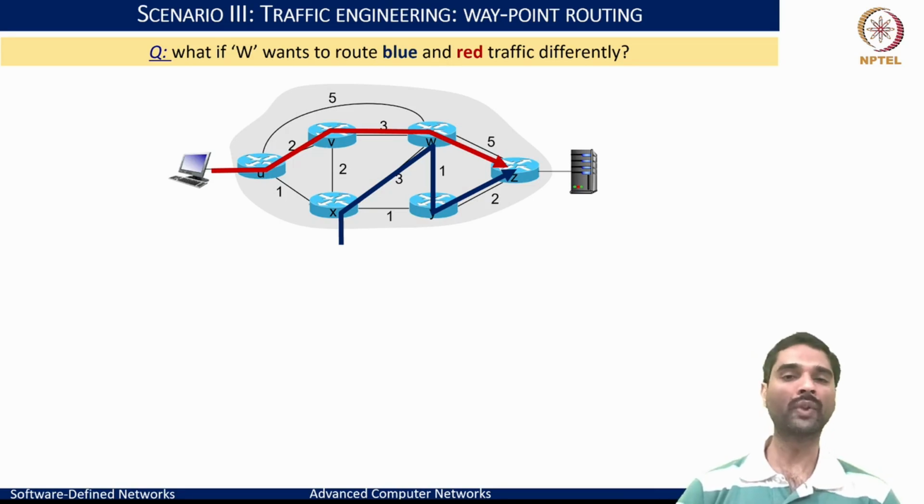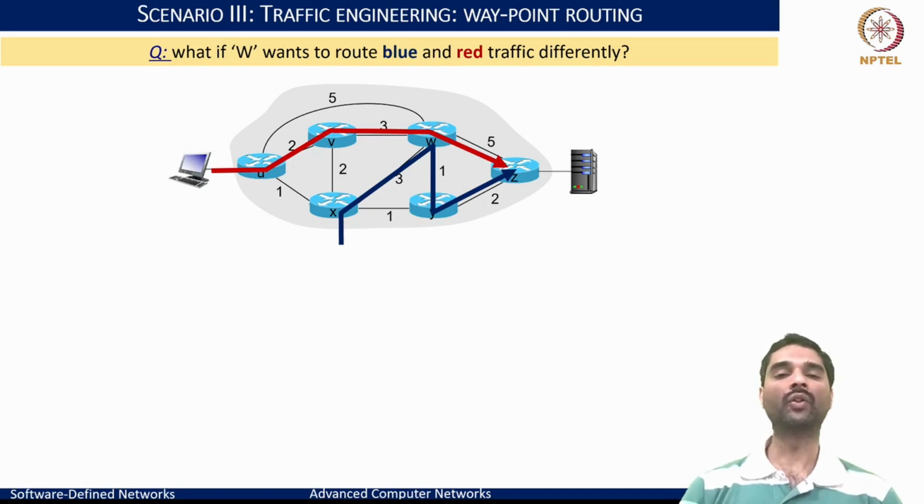And what this also means is that the traffic entering on U versus the traffic entering on X would have to be routed differently. If we say that the traffic on the red is the traffic external to the domain and the traffic on the X is the traffic internal to the domain, then we may want different functionalities achieved for these, and different middle boxes to operate on these flows.